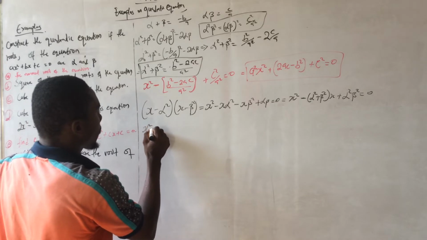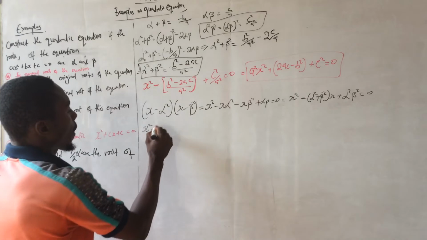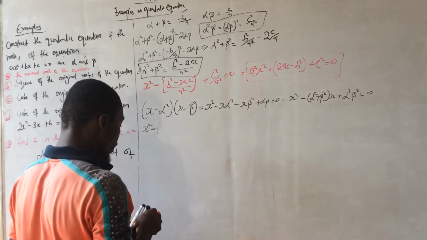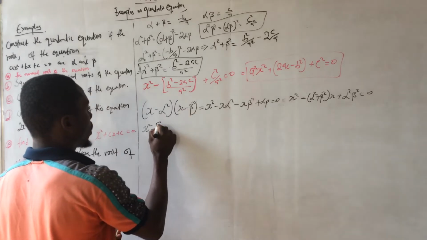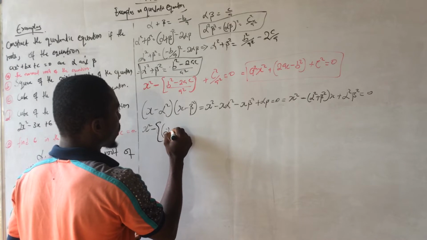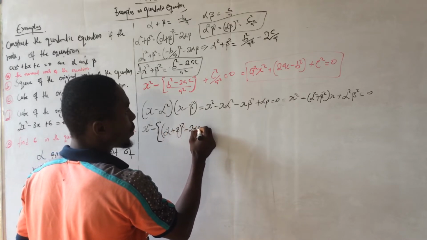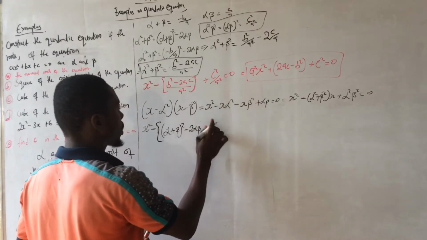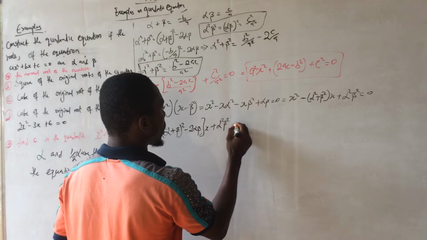So the next one we're going to do now is x squared minus, we open a chain bracket, this will have alpha plus beta all squared minus 2 alpha beta all in x, then plus alpha squared beta squared equal to 0.